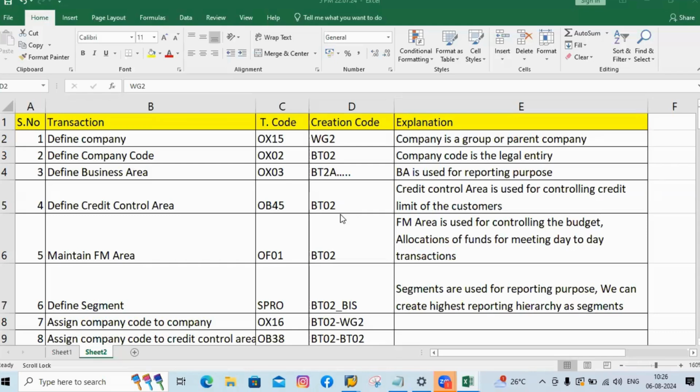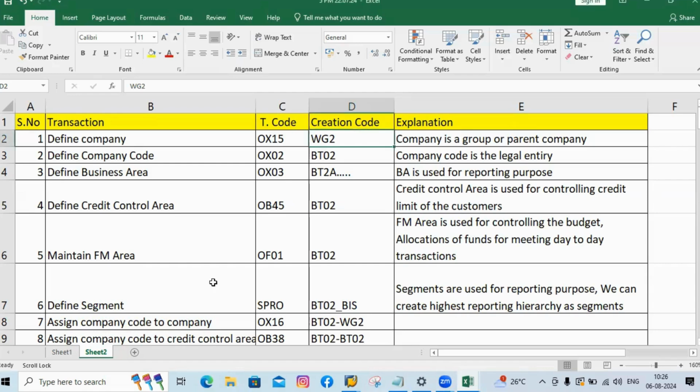Okay, very good. Liability. Not assets and liabilities. It's account types I told you to write, while configuring opening and closing posting periods. So it is assets, vendors, customers, materials, GL accounts. These are the account types. Okay, fine.